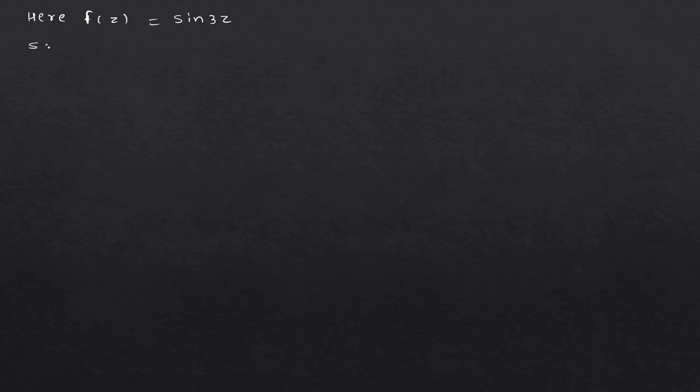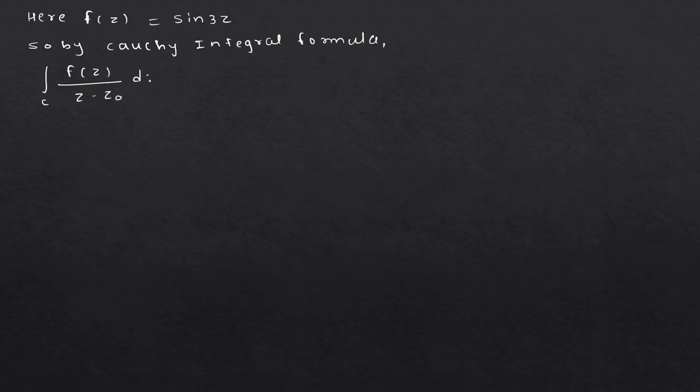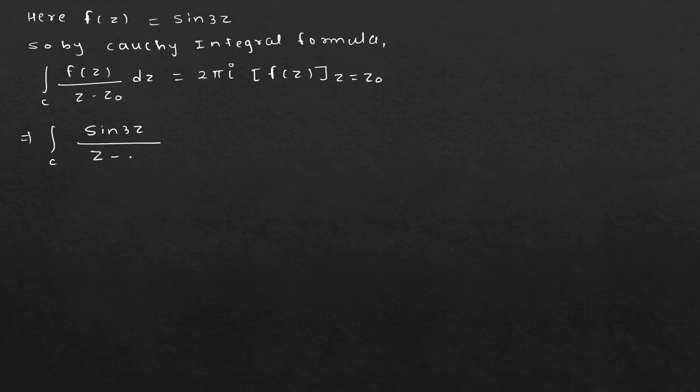So by the Cauchy integral formula, the integration over C of f of z upon z minus z0 dz is equals to 2 pi I f of z at z equals z0. So the integration over C of sine 3z upon z minus z0, which is the singular point minus pi by 2, dz is equals to 2 pi I into f of z, which is sine 3z at z equals minus pi by 2, right?